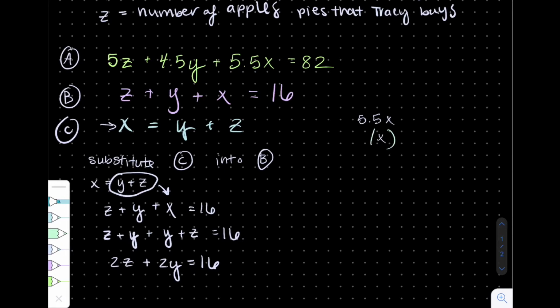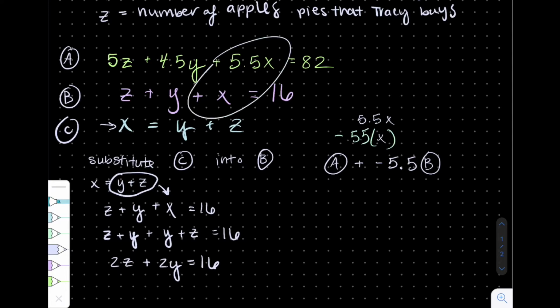And the way that I would do that is by multiplying x by negative 5.5. So I have to multiply the entire equation B by negative 5.5, because that's how I'm going to turn this into a 0 pair, which is what I need to be able to eliminate it.